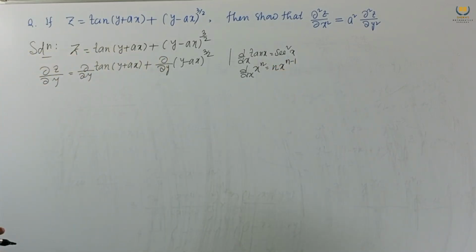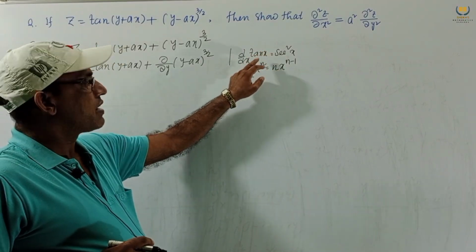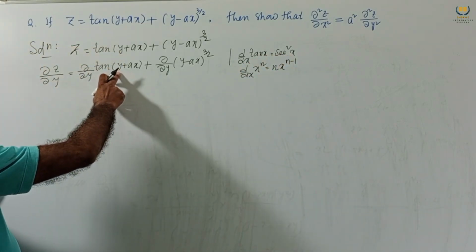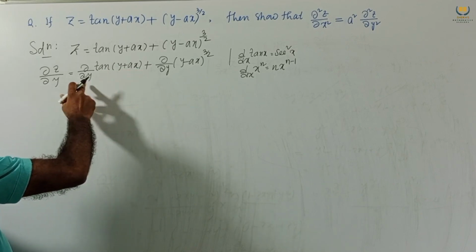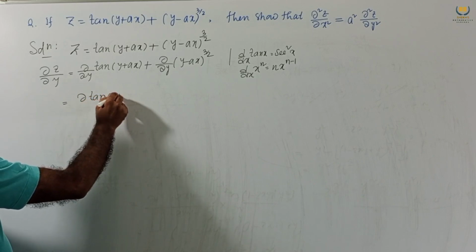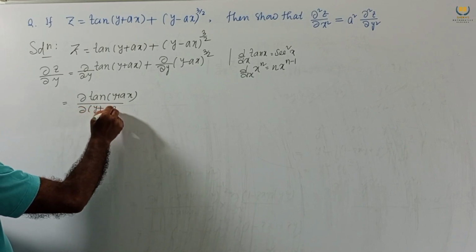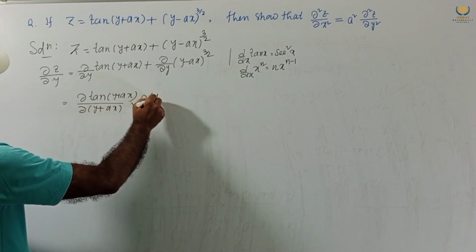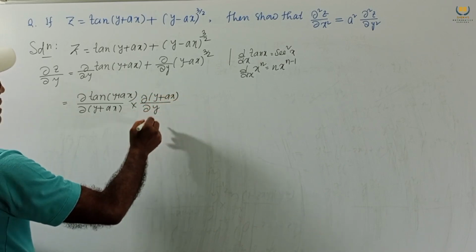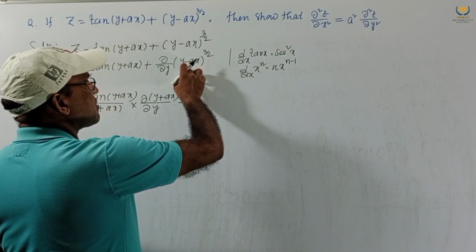When both are the same x, we write sec square x. But here tan is given of y plus ax, and here y, these are different. So using the chain rule, and here also using the chain rule, because these are not the same.